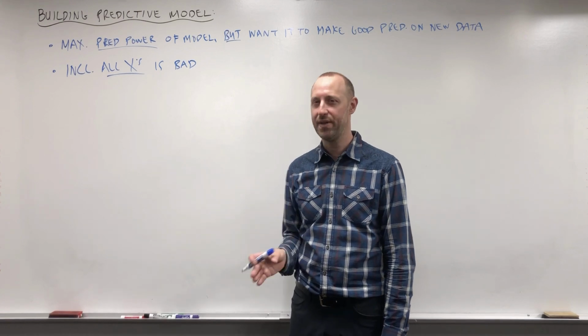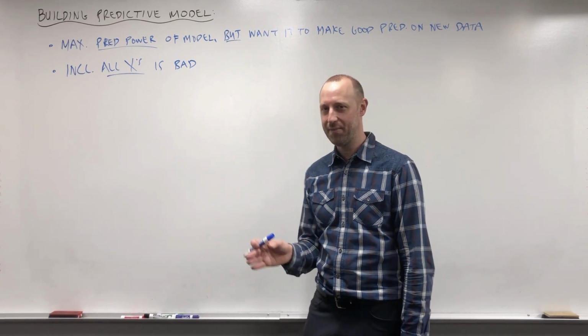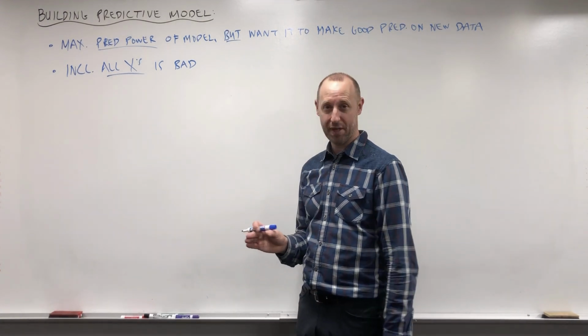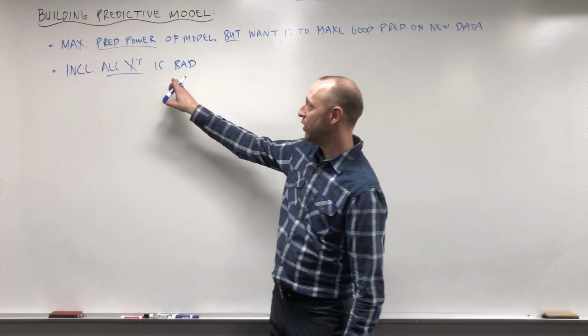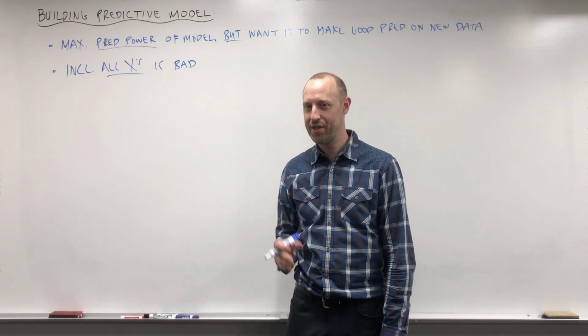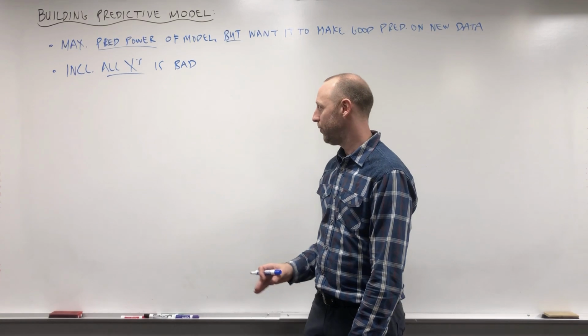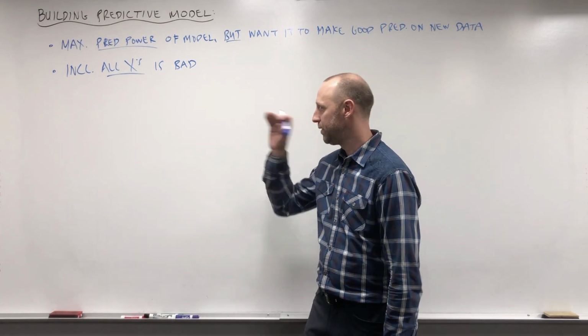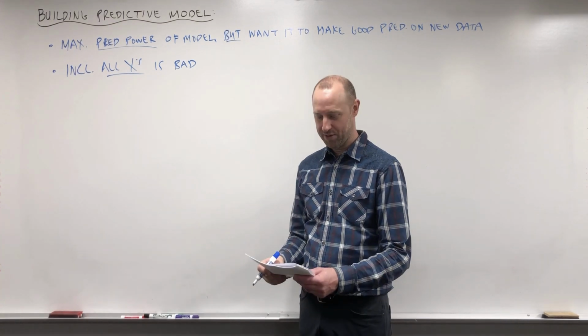It's going to be something probably pretty small, but something that's non-zero. There's going to be some weak association that shows up by chance. And including all of the X variables, you can take all these weak by chance associations and put them into the model, when in reality there is no association between those variables and the outcome. So that's why including all the X variables is a bad idea.